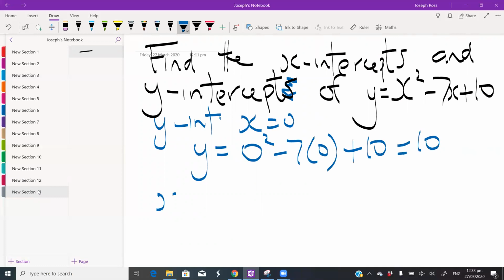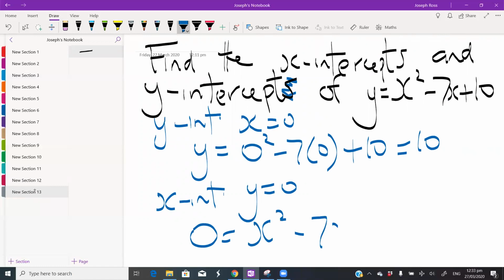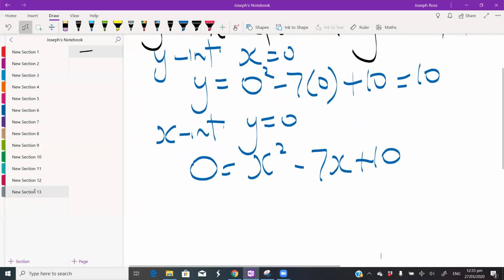So for the x-intercept, we make y equal to 0. So we've got 0 equals x squared minus 7x plus 10, and we need to solve that quadratic equation. But this one factorizes nicely, looking for two numbers that add to -7 and multiply to 10.